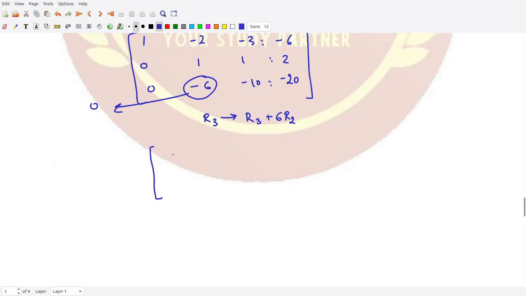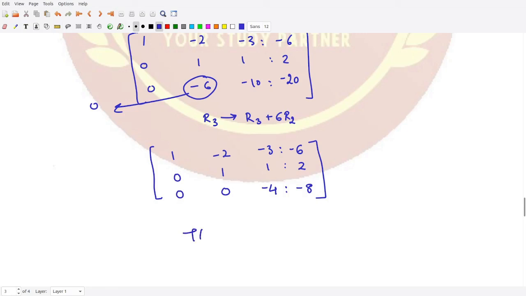So your first and the second row would be as such in this case. So it is 0, 1, 1 and 2, and in the third row it is 0 plus 6 times 0 is 0, it is also 0, -10 plus 6, that is -4, -20 plus 12, that is -8. So this is your matrix.